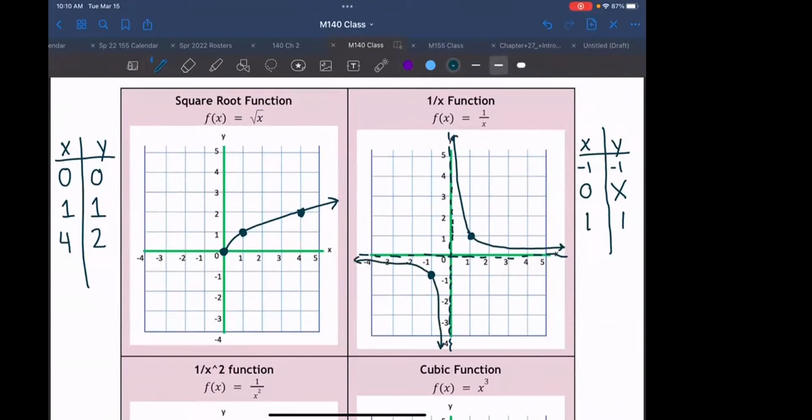So for the 1 over x function, you need to know the 2 points, you need to know the asymptotes, and also the shape. So not just the points and the shape, but also the asymptotes. Any questions on the 1 over x function? All right, I'll give you a little moment to write that down.